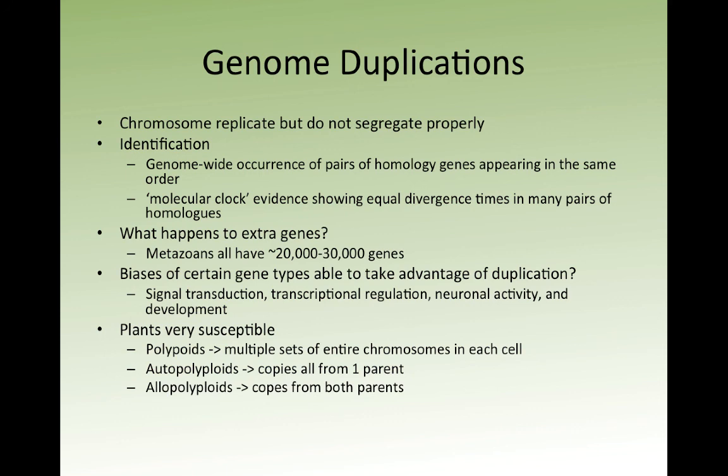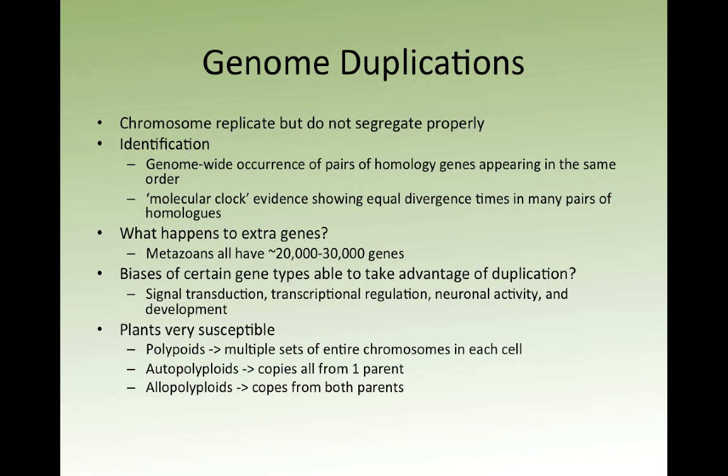And these are typically genes that are related to either signal transduction and transcriptional regulation, so the signaling and turning off of things, as well as neuronal activity and development. And among all things, metazoans can have genome duplications, but plants are incredibly susceptible to duplications.